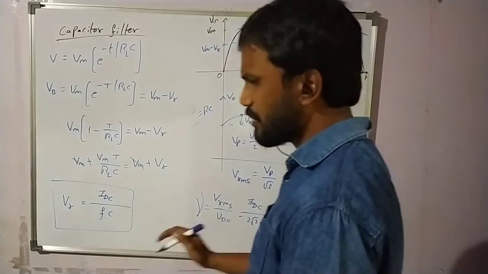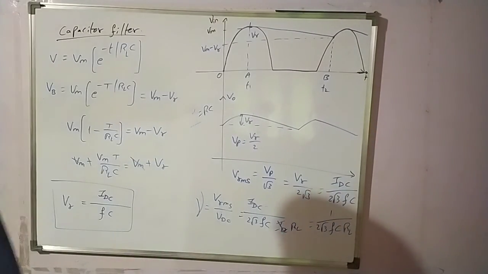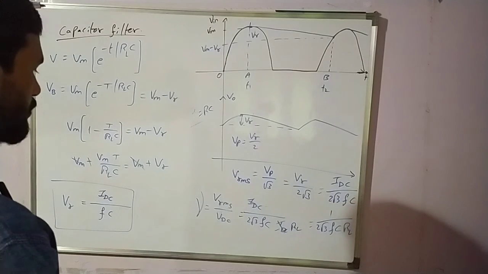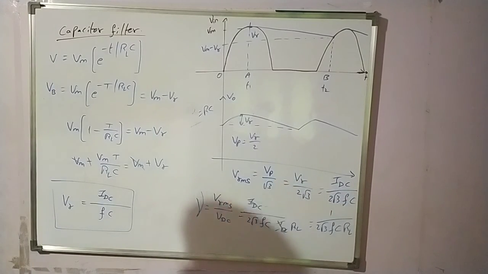So I want the least ripple factor: take the RL value higher. You will get the least ripple factor and higher efficiency. So in this, the capacitor is used to remove the ripple and to get a pure DC signal. We will see this practically next time. Thank you.